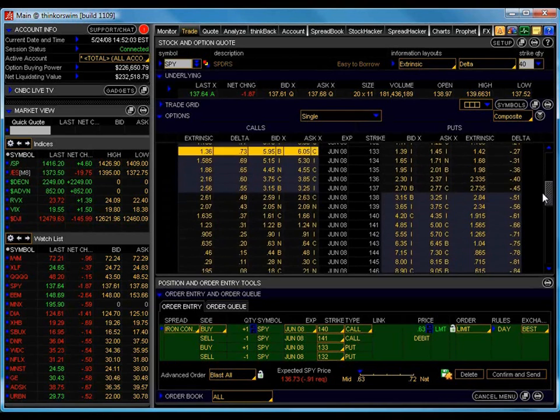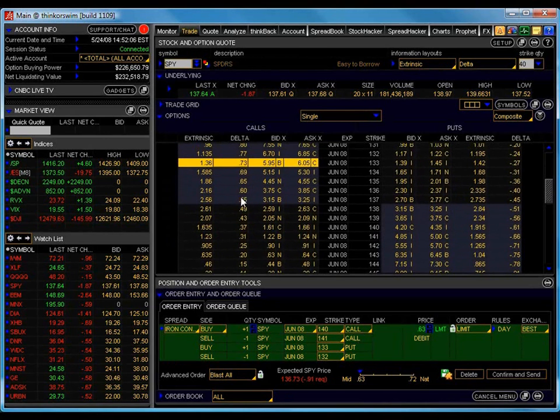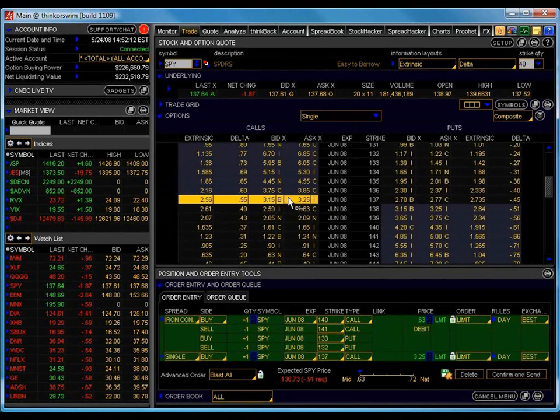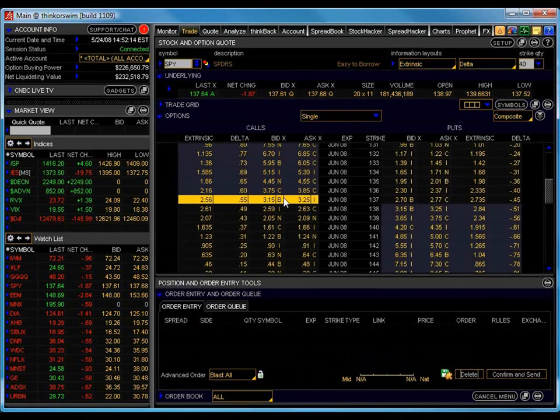So when you purchase an option that has a high delta, 55, and you sell, for example, on this one right here, if we were to buy a vertical spread, and we bought this option that had a delta of 55, and we sold this option that had a 49, all you have to do is subtract these two. The 55 minus the 49 is 6.